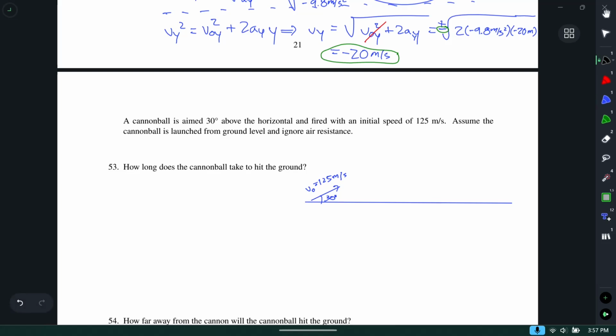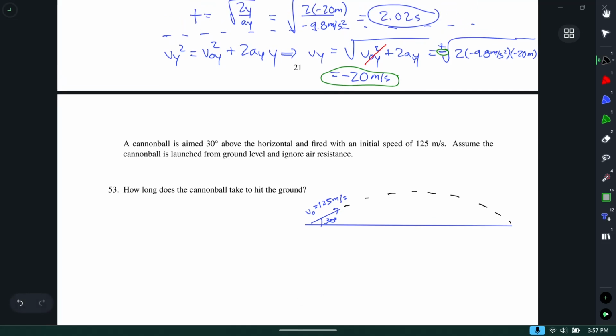Question is how long it takes for the cannonball to hit the ground. Well, it's going to go in an arc and eventually hit somewhere over here. It's asking me how long that takes. So, make my tables.